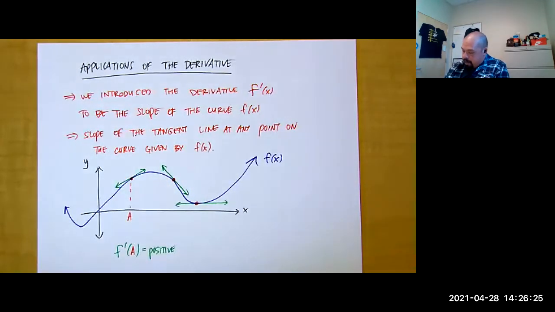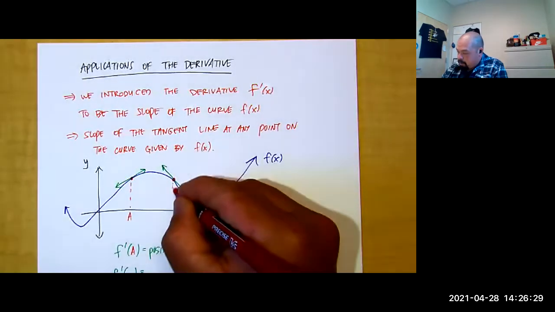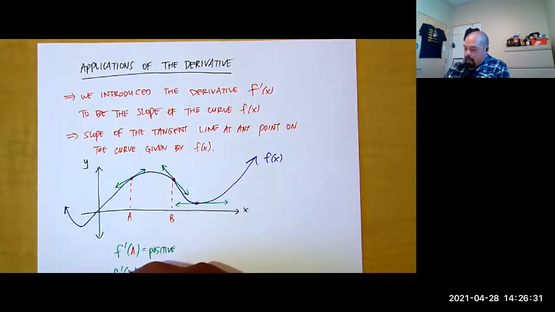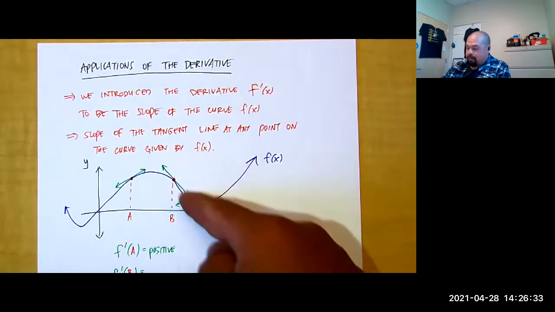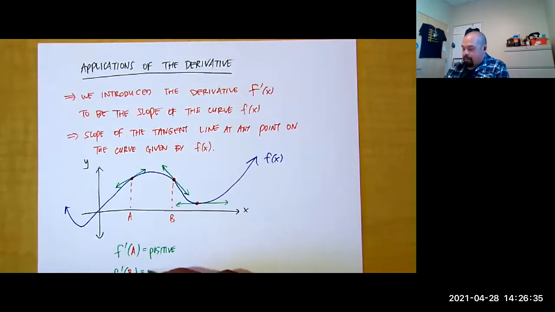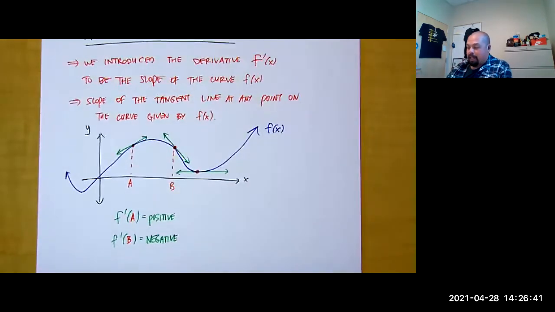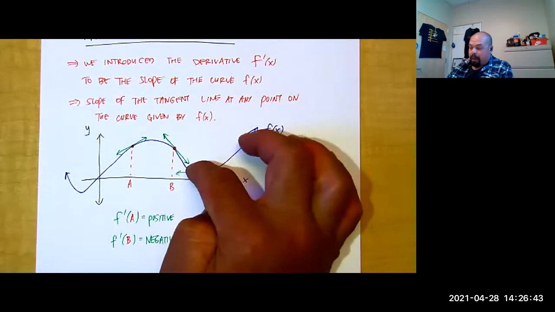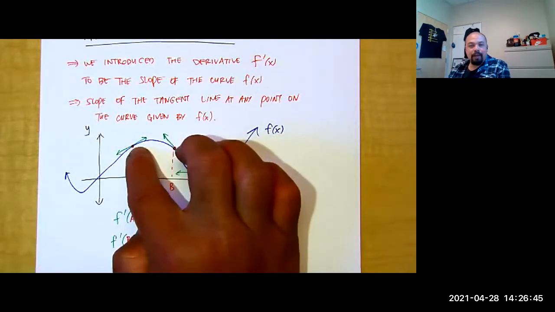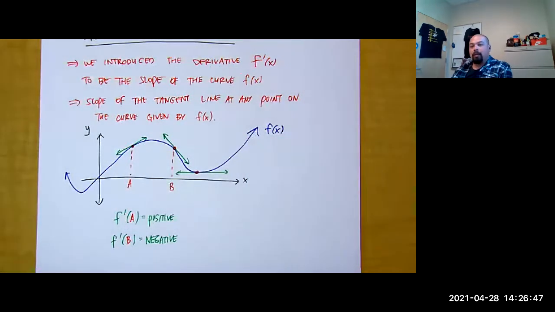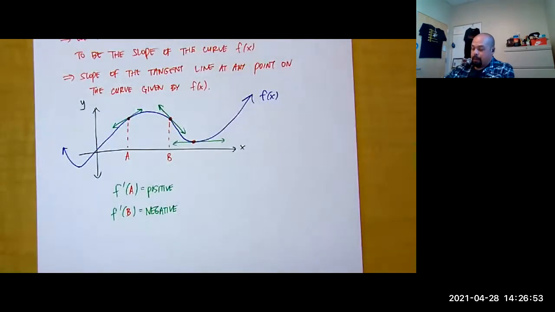F prime at this point, b, now that slope is downwards, negative. And we can estimate how negative that slope might be. This might be like a slope of -2. This would be a positive slope, +1, 1/2, whatever you want to call it. We can make those estimates more clearly with a better defined function and graph.